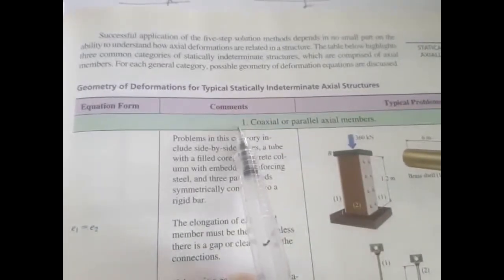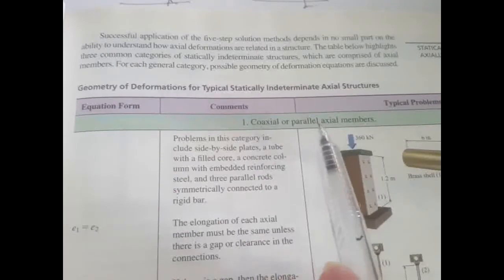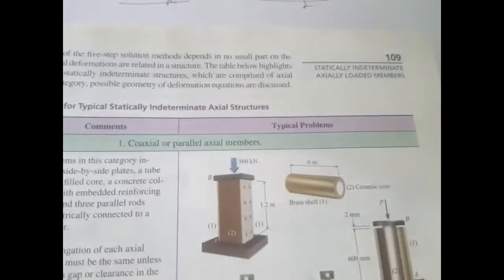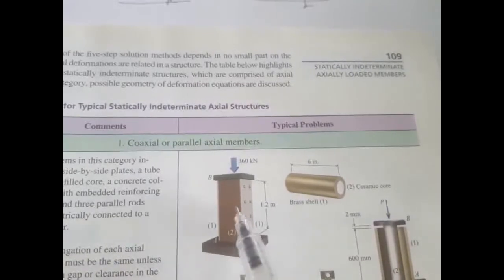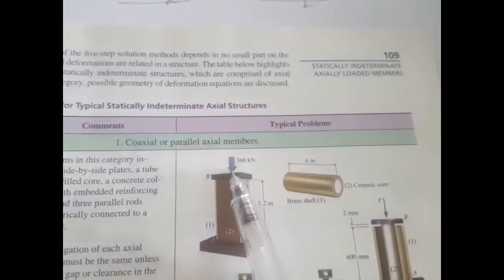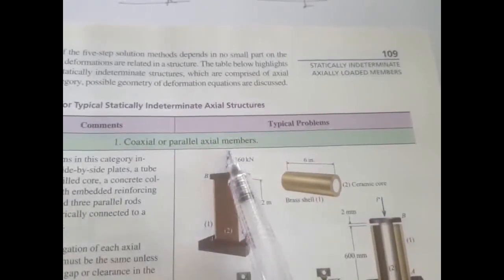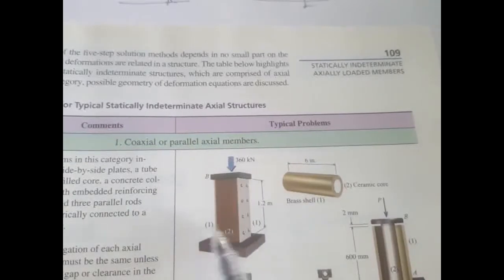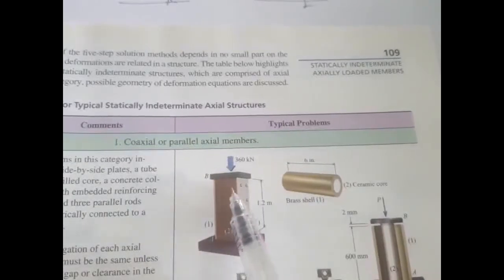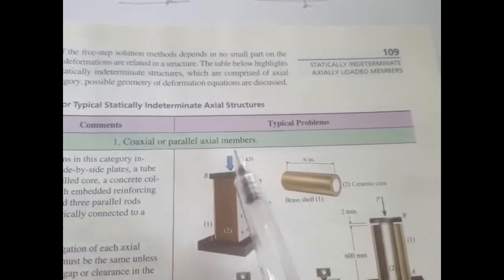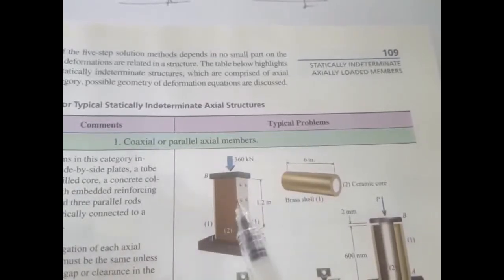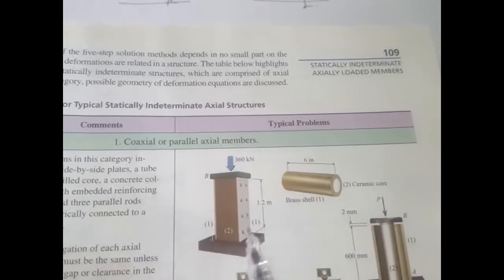Number one is if we have coaxial or parallel members. For example, we have this figure right here. The loading is right here, and once you apply a load, we have these two materials, the middle material and the exterior material. Once you apply the loads, both of them experience the same deformation.